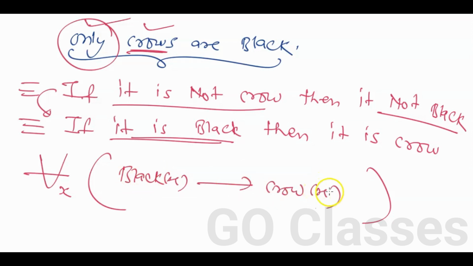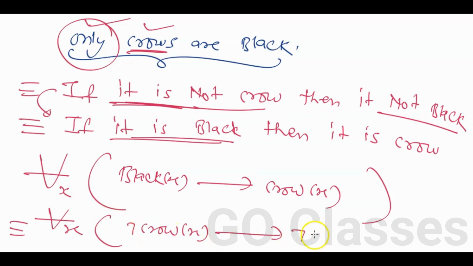Or you can write like this: for everyone we are saying that if it is not crow, then it is not black. So both are same.